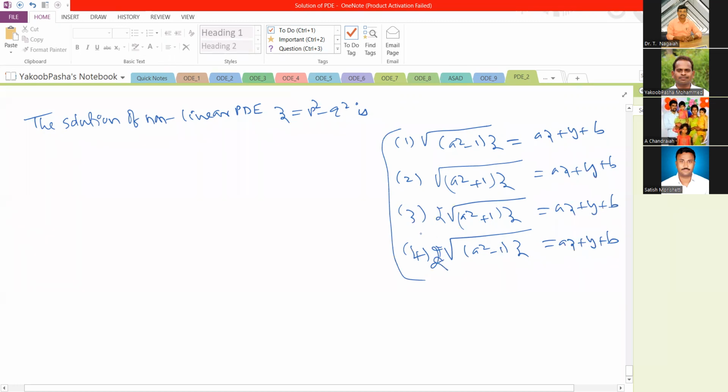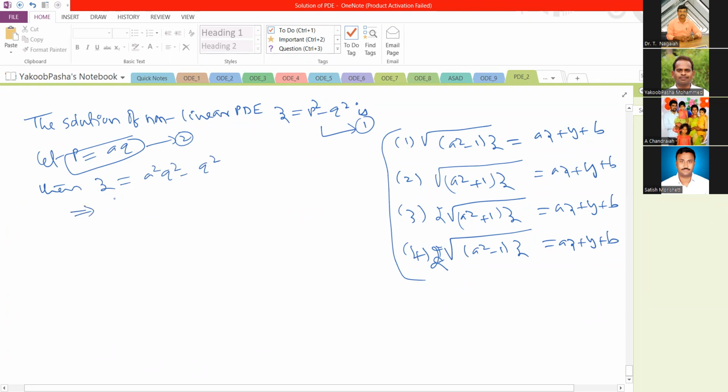Now, clearly it is a nonlinear PDE which does not have independent variables x and y. So we have to take first this equation as equation 1, and let P is equal to AQ. This is equation 2. And substitute in equation 1, then z is equal to a square q square minus q square.